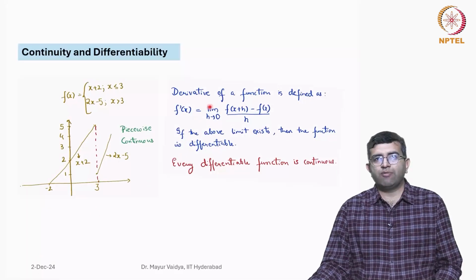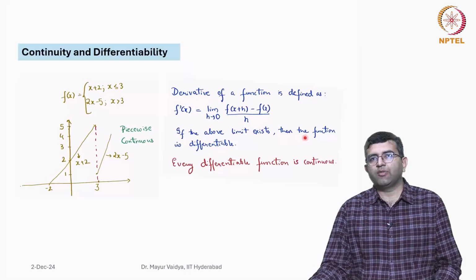And the derivative, how do you define the derivative of a function? f dash of x can be written as the limit as h tends to 0 of f of x plus h minus f of x, divided by h. If this limit exists, then the function is differentiable. What do we mean by the limit existing?